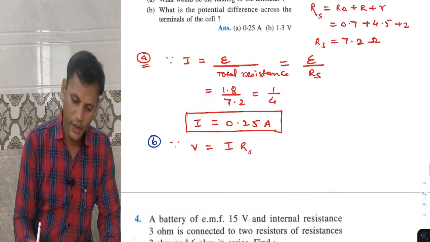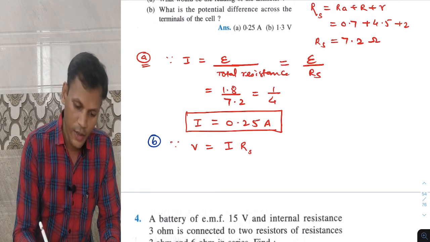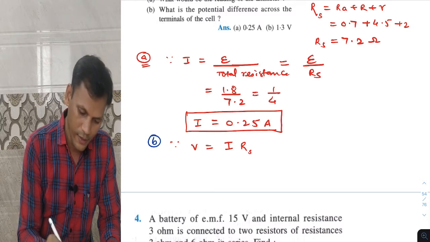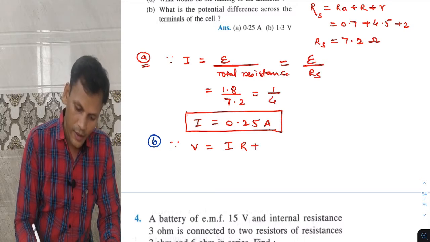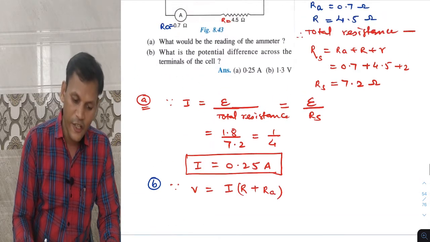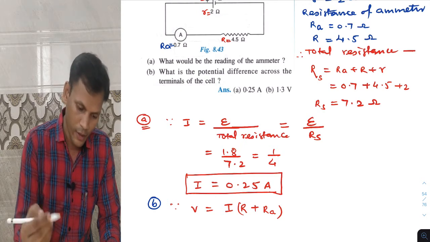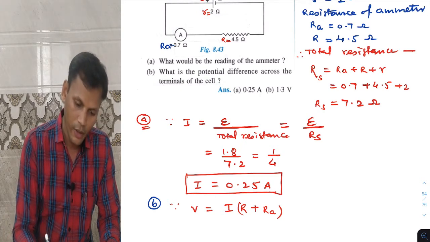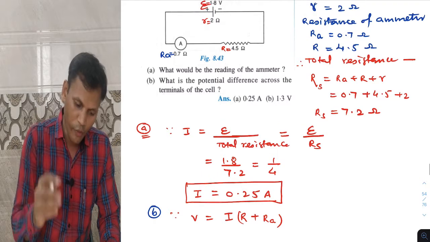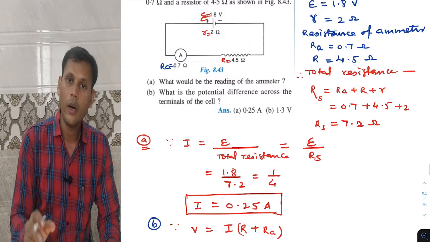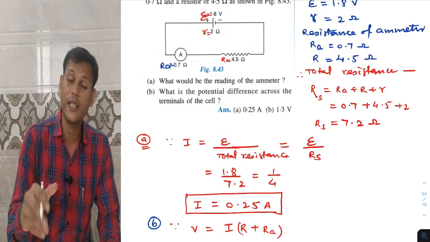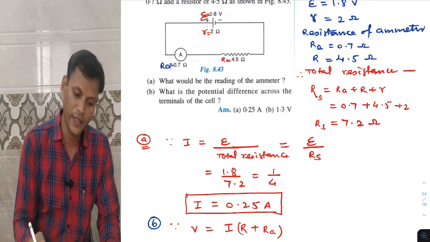Sorry, for external we have to find out now, so it will be R plus R A. What the external and internal resistance are, we already mentioned in a previous lecture. You can watch that video also, for internal resistance, external resistance and everything.